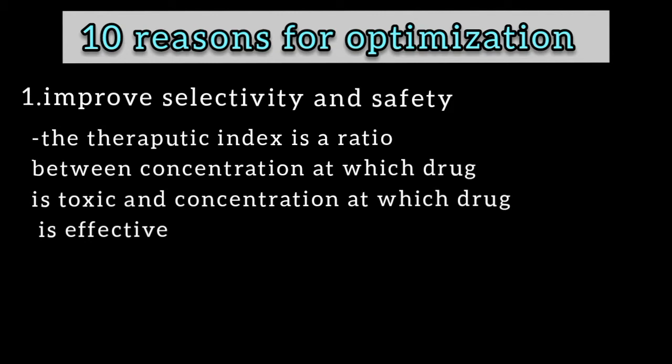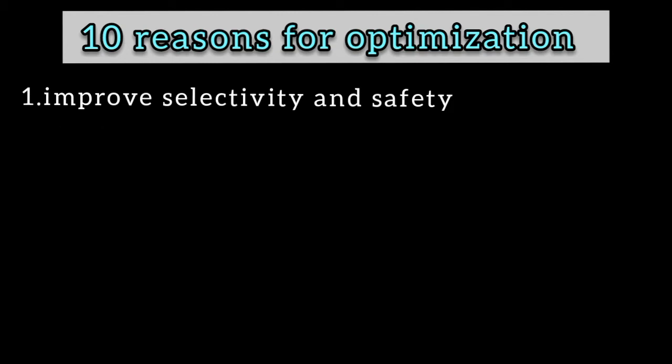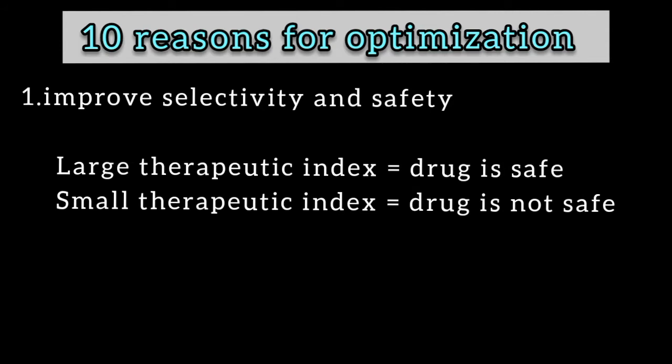If there's a large difference between these two concentrations, that means that the drug has a large therapeutic index, which means that it is safe. It is more safe to use than a drug which has a smaller therapeutic index. A smaller therapeutic index is when there is less of a difference between the concentration at which the drug is toxic and the concentration at which the drug is effective.